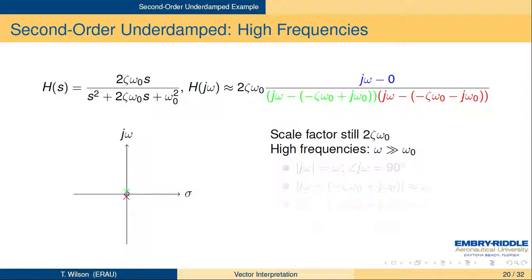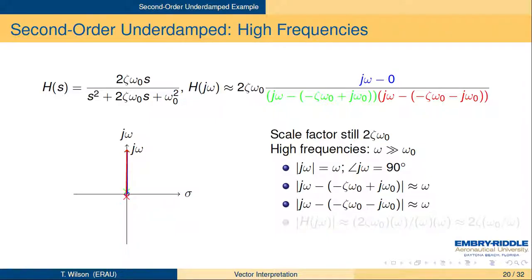Let's start with the magnitude. Here's omega, way out from the 0. The vector from the 0 at s equals 0 to the frequency j omega has the length omega. It always has a length omega. But now the vector from the pole at minus zeta omega naught plus j omega naught also has a length that's about omega, because we're so far away from it, way up the j-axis.